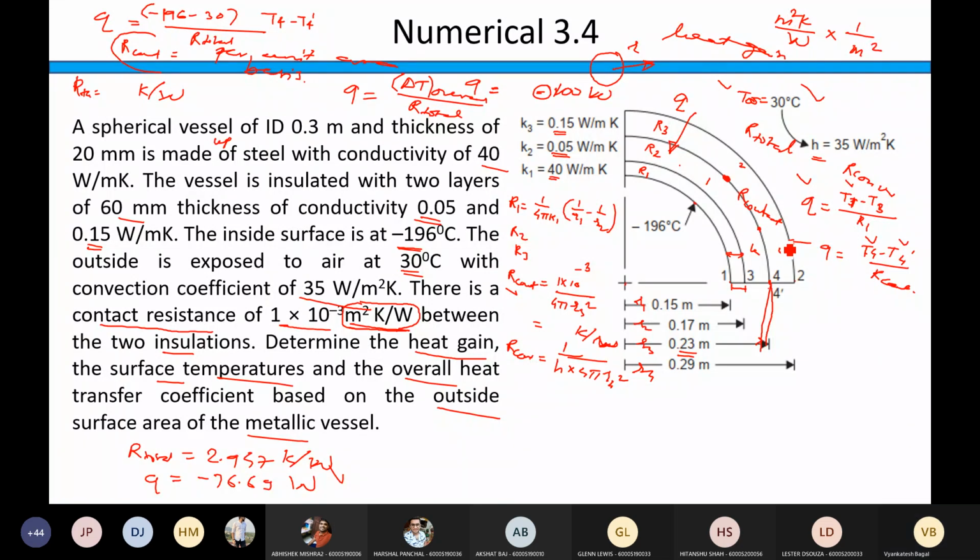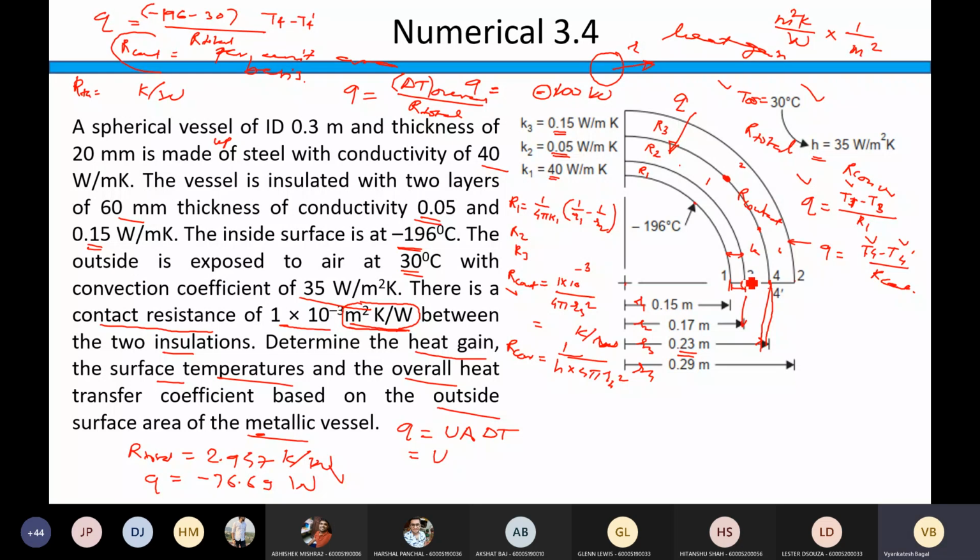Hello. Yes, sir. Yes. And how to find out the overall heat transfer coefficient? You know this. Q is UA delta T. You can write it like this, right? And they have asked you to find out the overall heat transfer coefficient based on outside surface area of the metallic vessel. So this is your metallic vessel whose outside surface area is based on this radius, right?